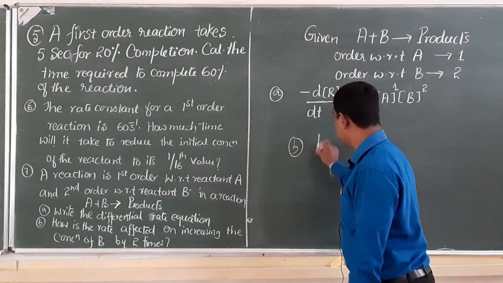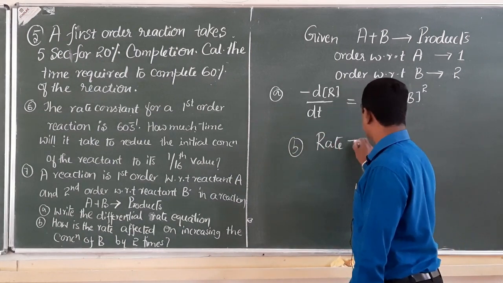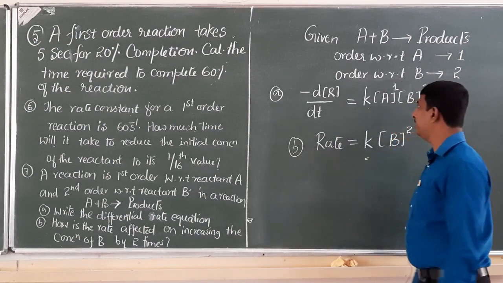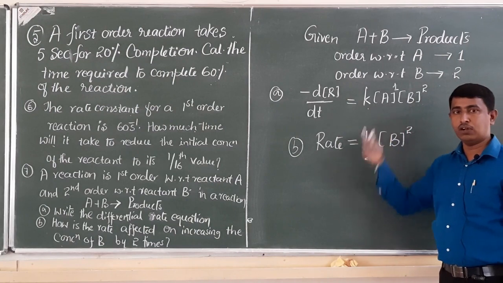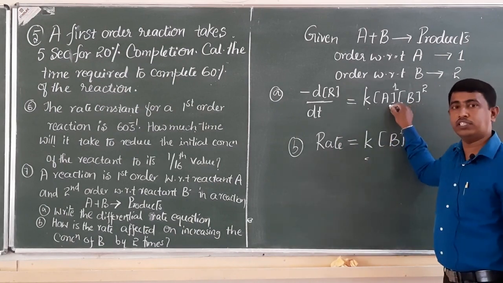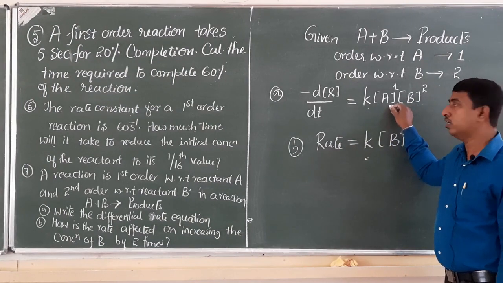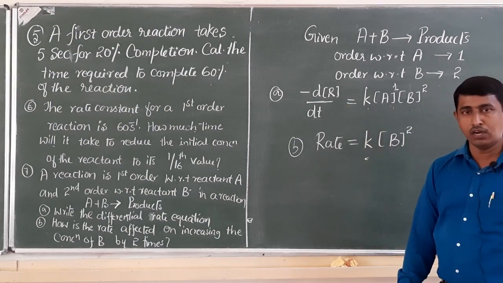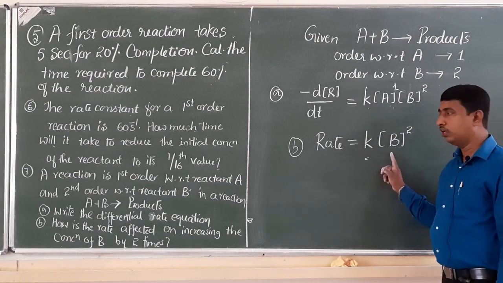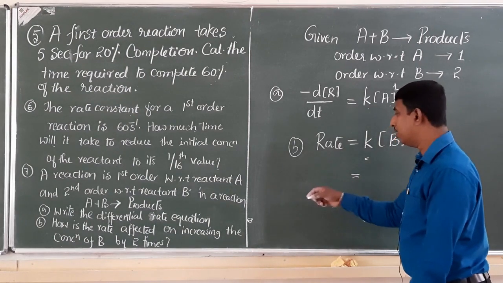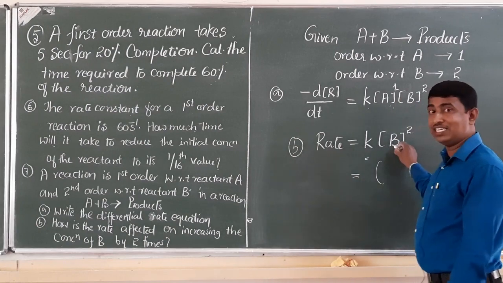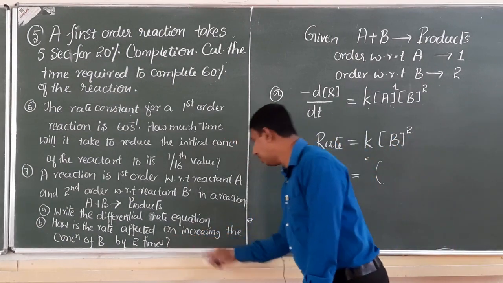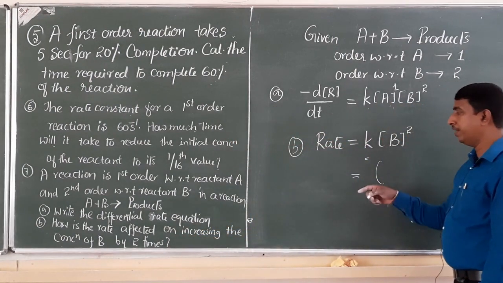So I can write it like this: rate is equal to K into concentration of B power 2. No need to write the first term, concentration of A, because there is no change in the concentration of reactant A. So rate does not depend upon the concentration of A. Rate depends only on the concentration of reactant B. Now, how is rate affected on increasing the concentration of B by 2 times?